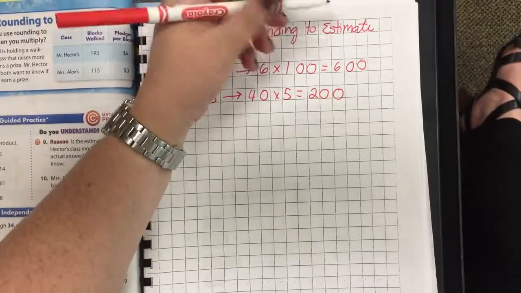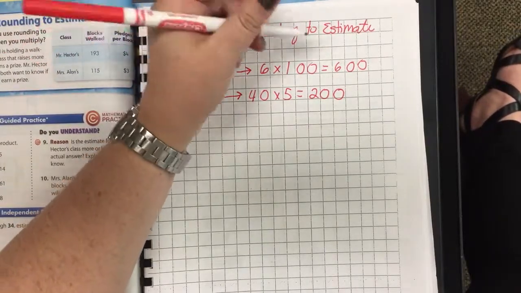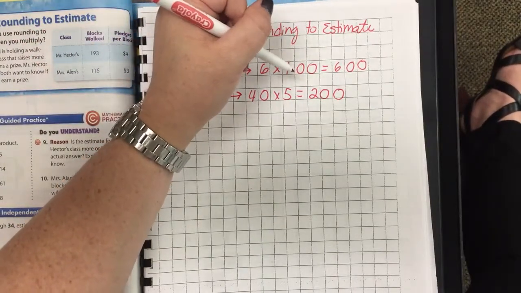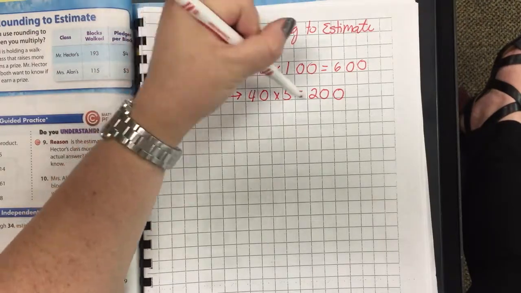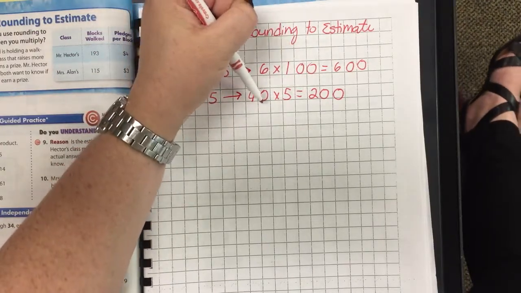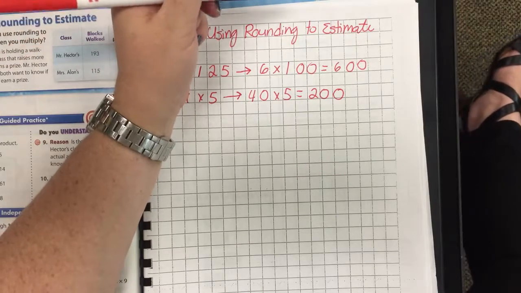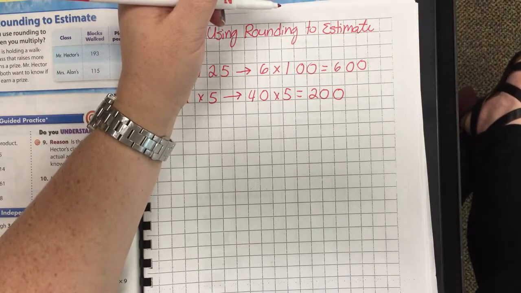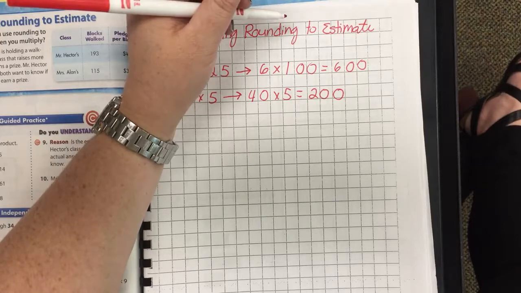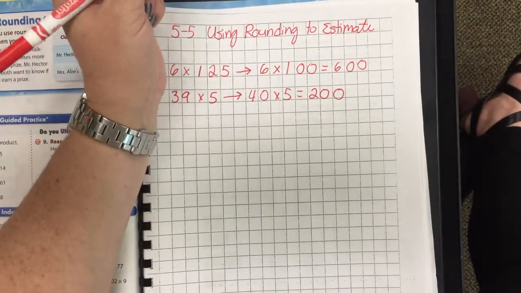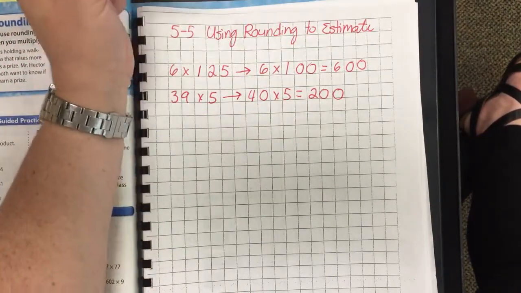Guys, this is where you can get in trouble though, okay? I'm going to be honest with you, I have been looking at some papers and I noticed that for some problems, I have seen something like 40 times 5 and the answer that was given was 20. What? So what happened there? They forgot to add on that 0. You did the first step of solving it and not the second.